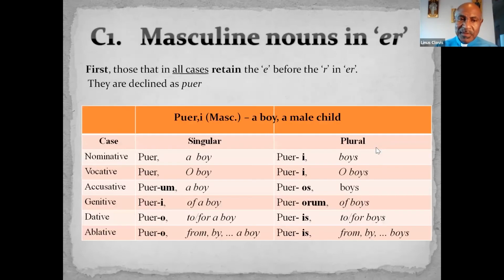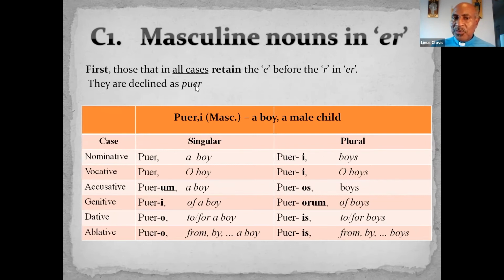Okay. So we're going to look at them. The first one, C1, the masculine nouns in ER. First, those that in all cases retain the E before the R in ER. They're going to be declined as puer.